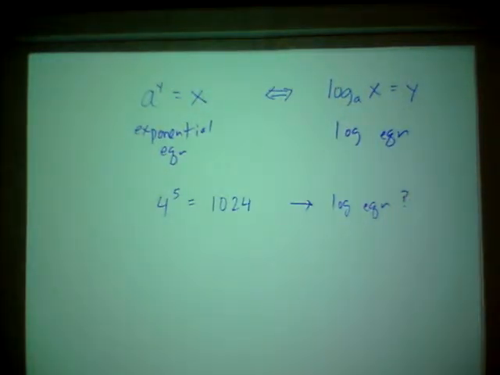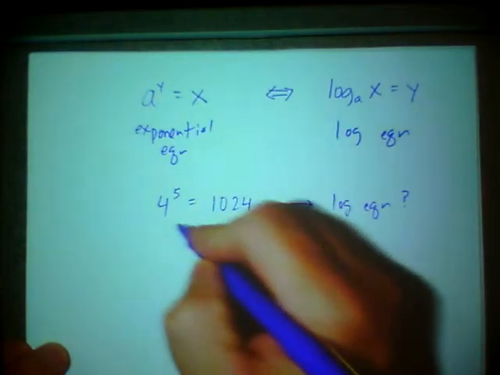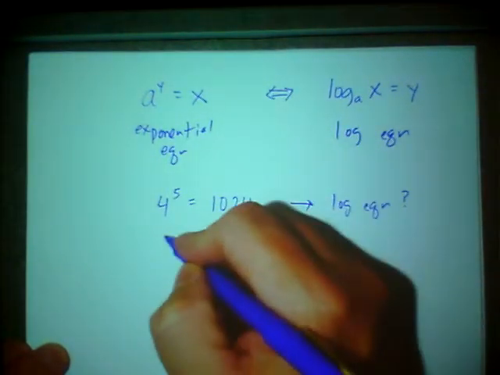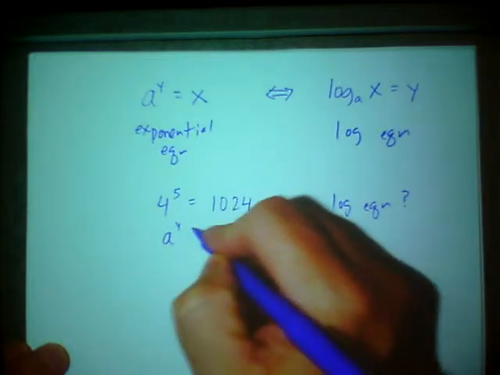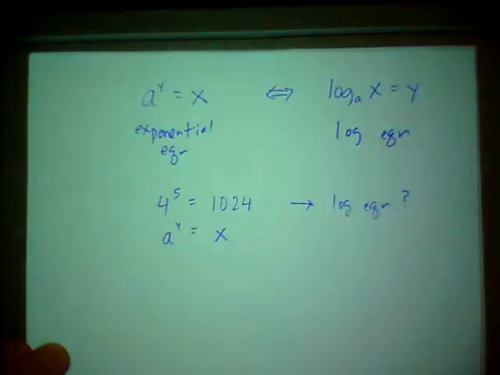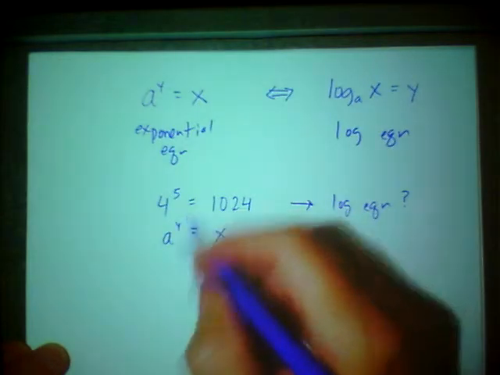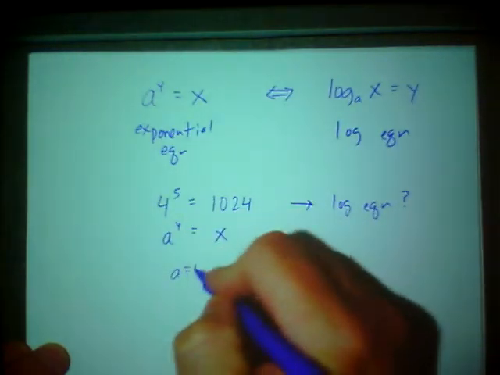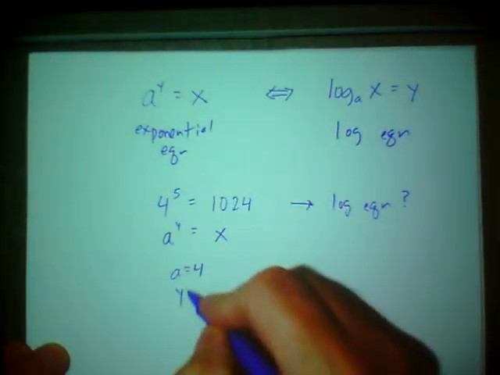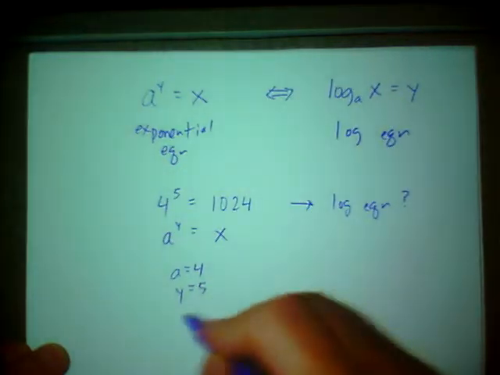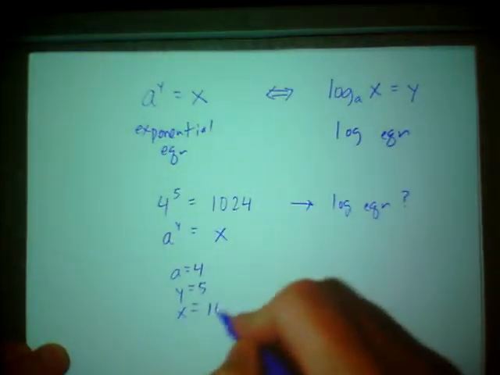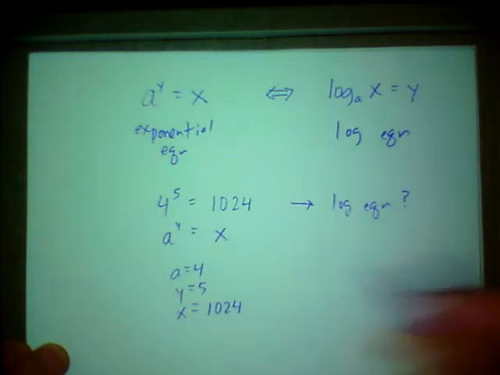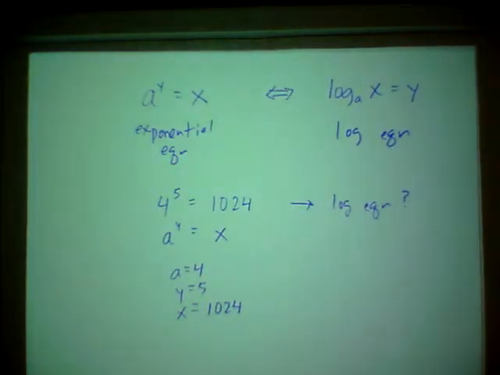What I recommend you do is you simply define and even write down your a and your y and your x. So if I take 4 to the 5th equals 1024 and compare it to my exponential equation, I see that a equals 4, y equals 5, and x equals 1024.